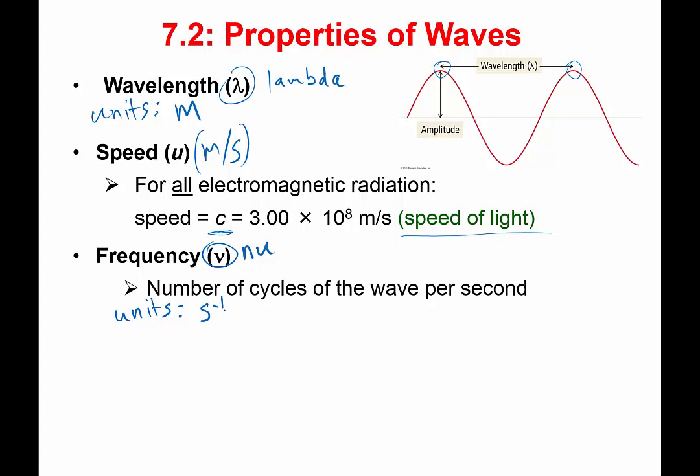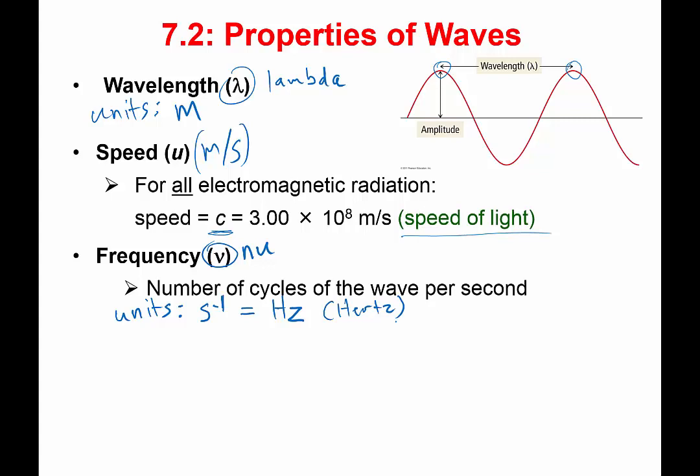We usually write that as seconds to the -1 power. And that's also known as hertz, which is given the symbol Hz. Hz is pronounced hertz, but hertz are really just the same as inverse seconds. So if you're ever given a frequency in hertz and you need to do a calculation, just consider it to be in 1/seconds.